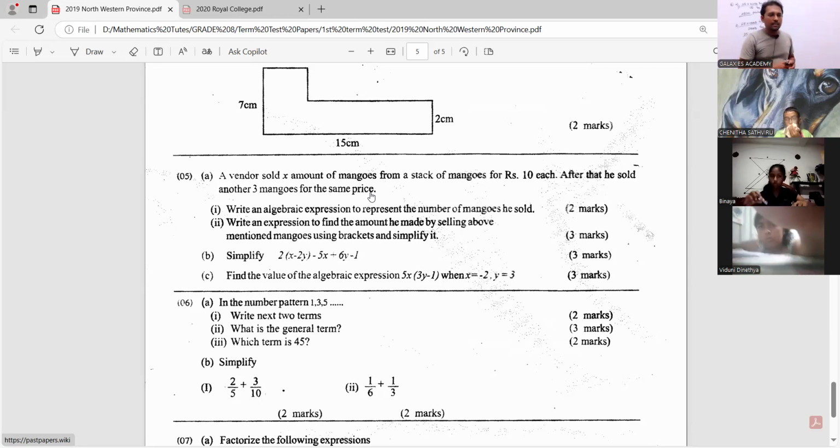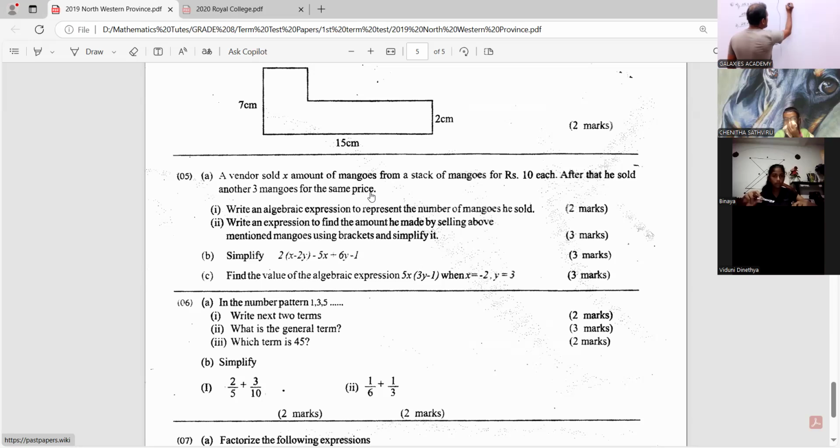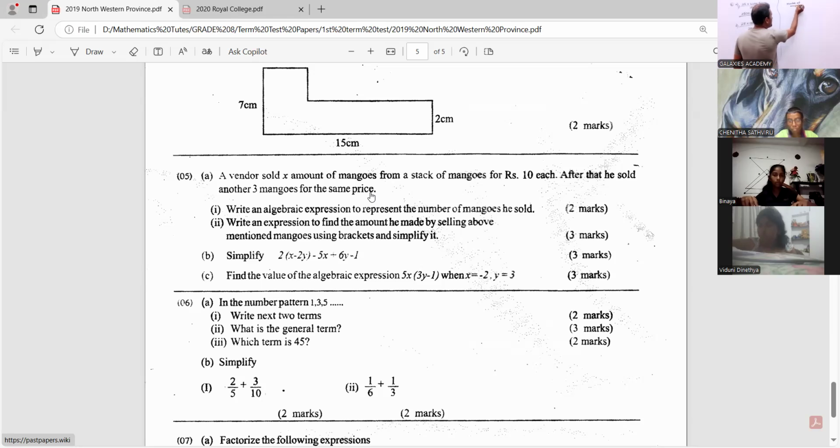Early he sold X mangoes, right? The number is X. X mangoes he sold at 10 rupees. After that, another 3 mangoes he sold at the same price, that means 10 rupees.